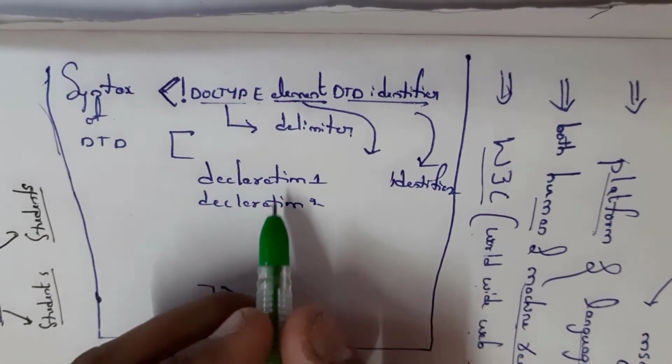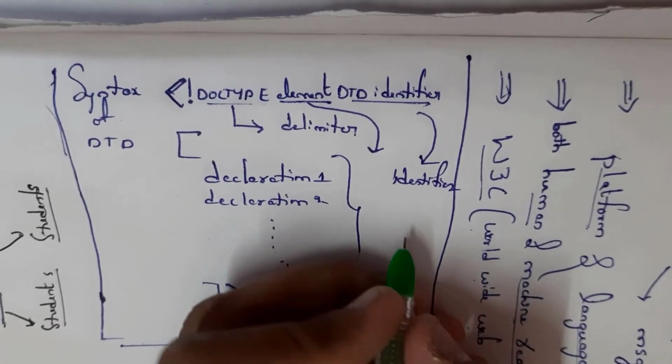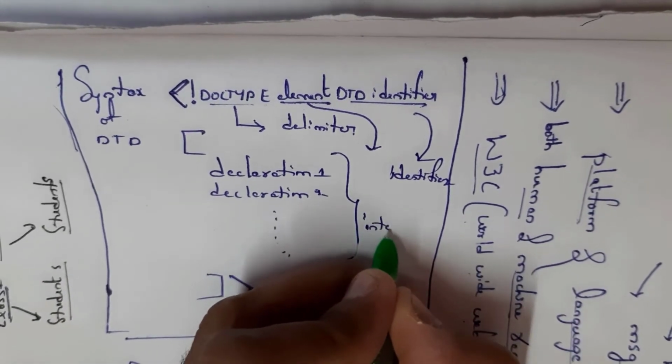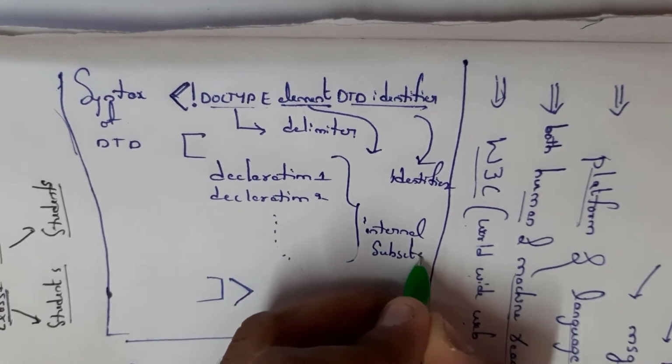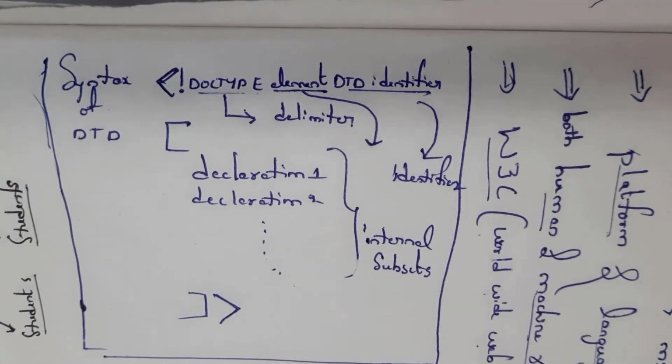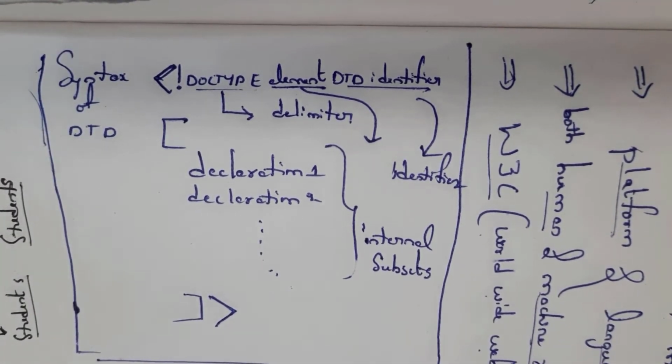And this declaration 1, declaration 2, all these are known as internal subsets. See, this is basic structure of XML document type definition.